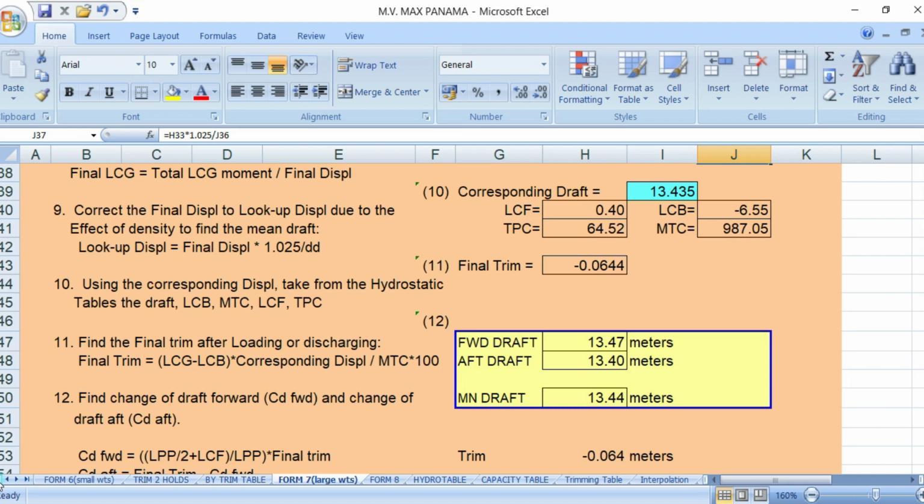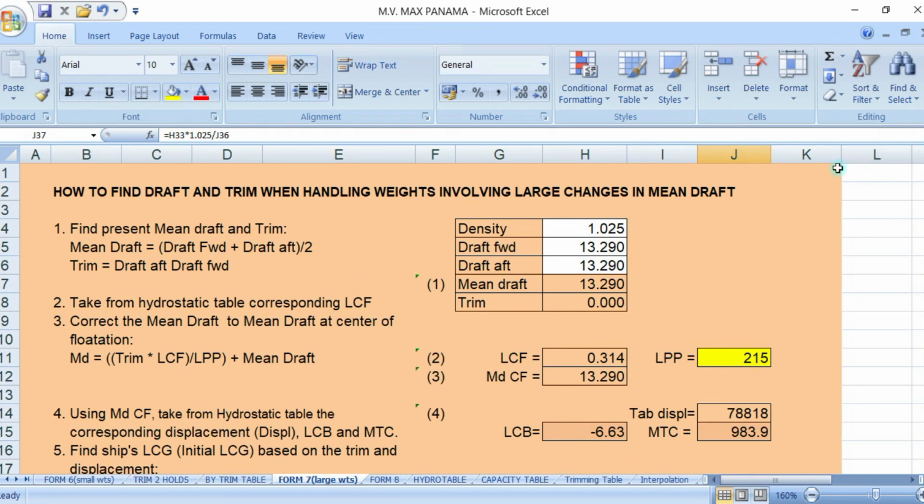We have 13.29 with a density of 1.025. Now what will be his draft when the ship floats in a density of 1.013?